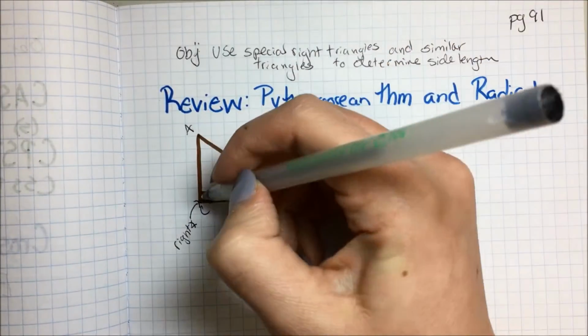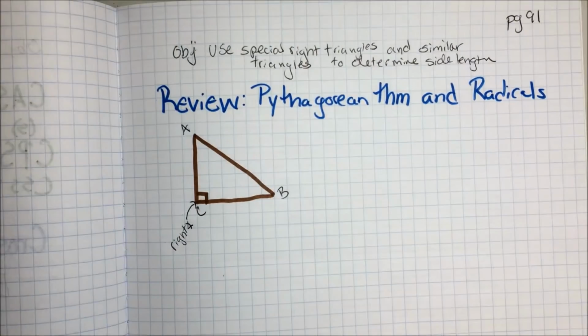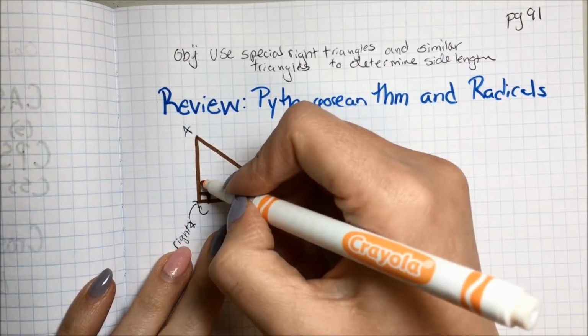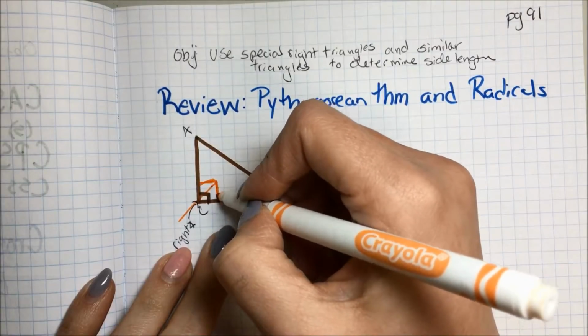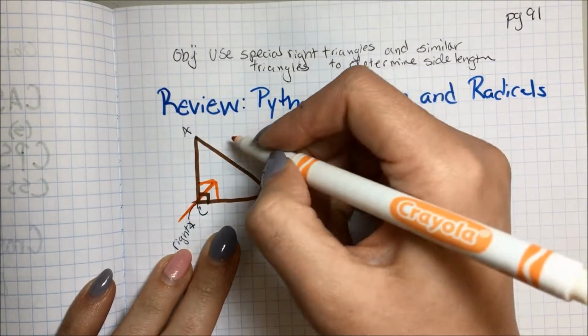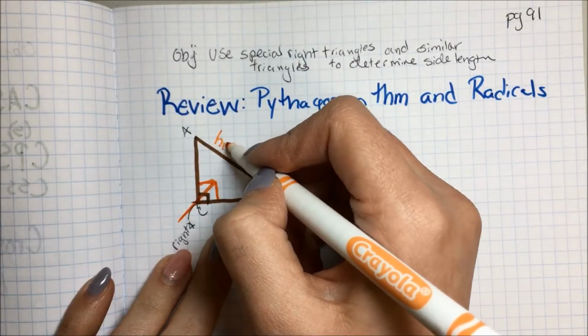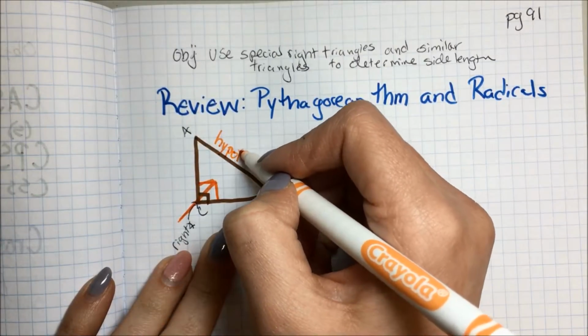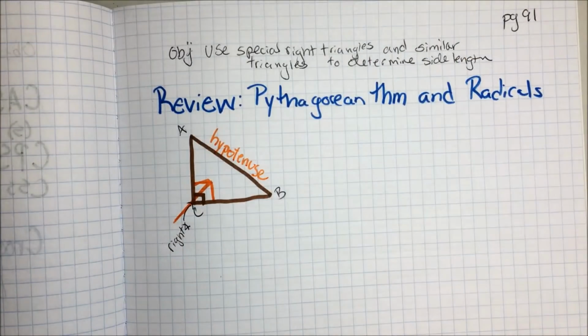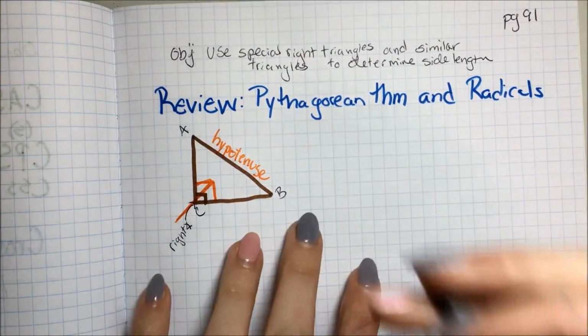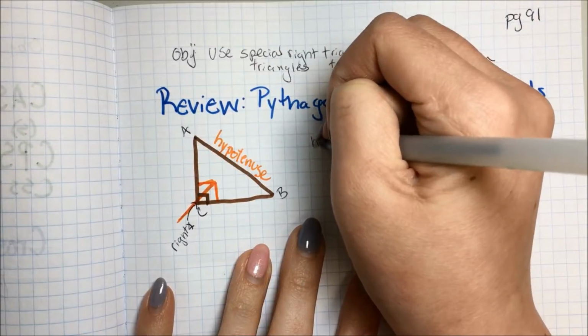Across from the right angle, it almost makes like a little arrow that points right to where the hypotenuse is. The hypotenuse is the longest side of a right triangle.